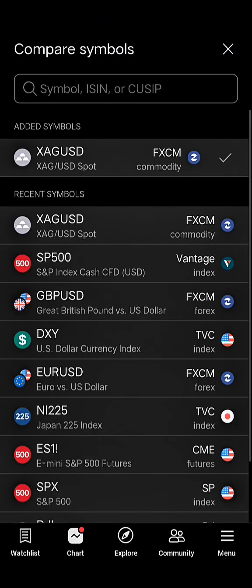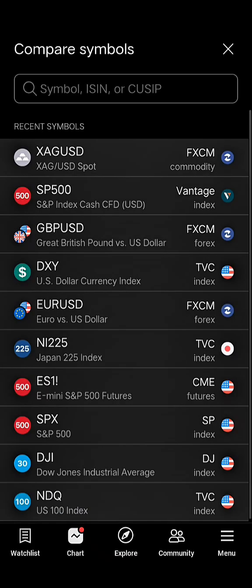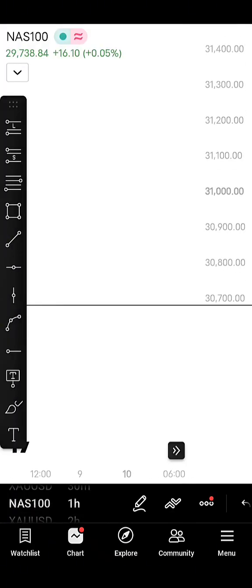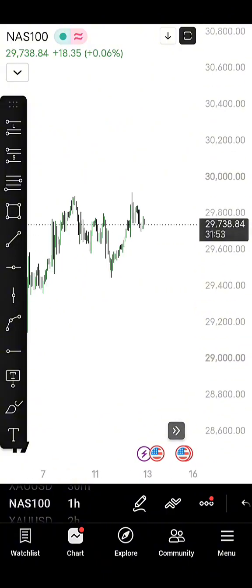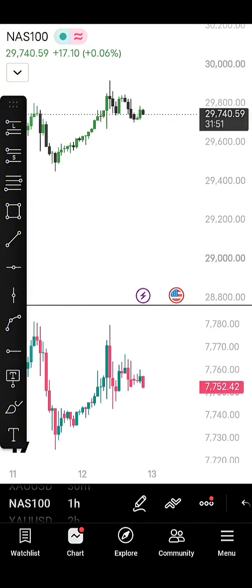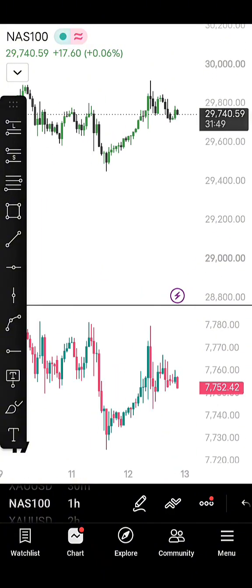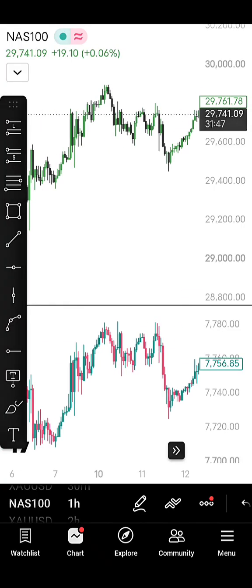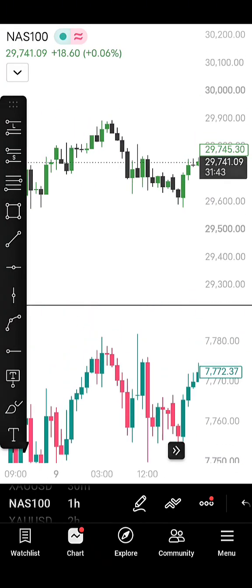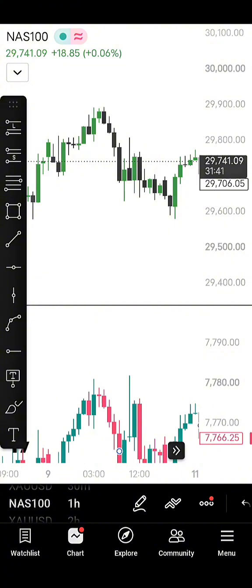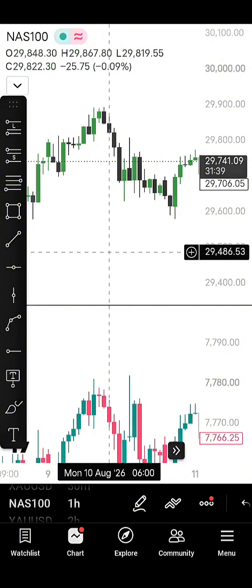Let me add the S&P 500 to the chart. This is a 1 hour chart, and you can see clearly this is the S&P 500. Let me show you the real examples. Note these timings.